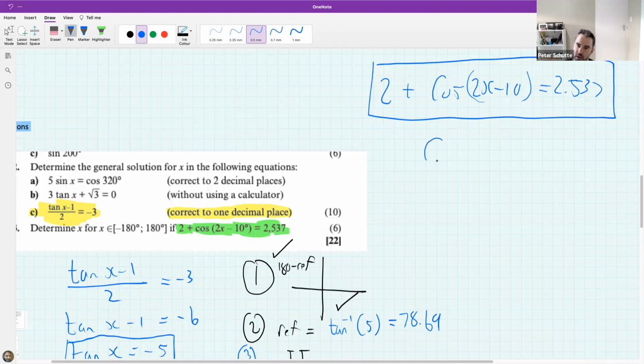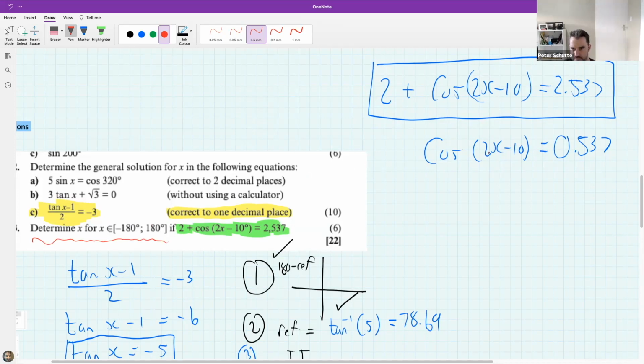So all I'm going to do is I'm going to take the 2 to the other side. It becomes a minus. And now I get this equivalent equation. Now, in the original question, they were wanting the solutions between minus 180 and plus 180, but for now, I'm just going to stay with the general solution.